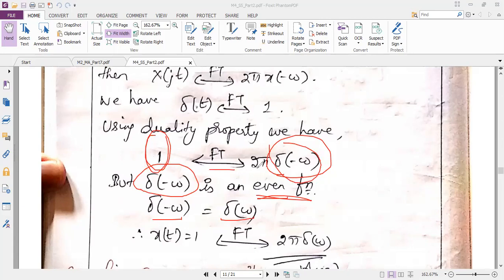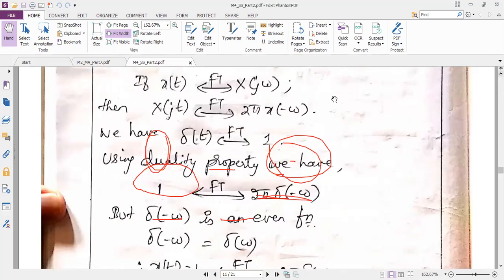Its Fourier transform is 2 pi delta of omega. So minus omega becomes plus omega. So this is your answer. We are just showing them the steps, okay? So if you have j multiplied with t, it is 2 pi times x of minus omega. So this only we have taken as a reference and we have found the duality property.